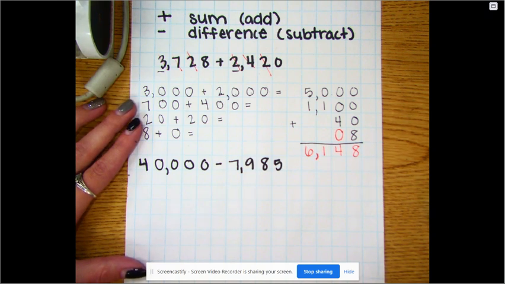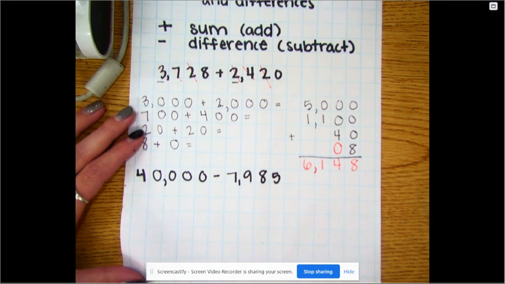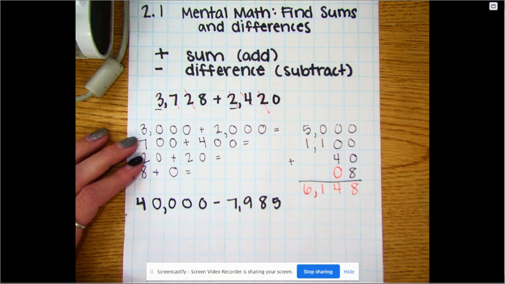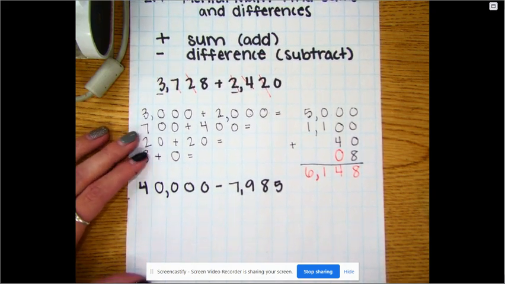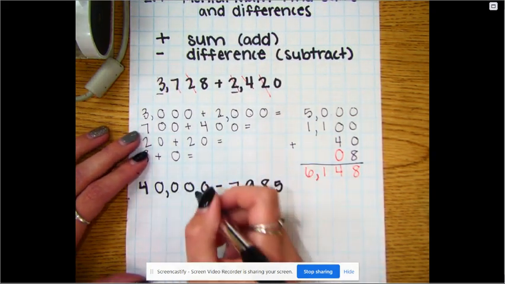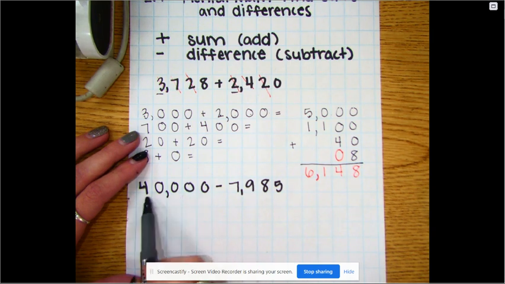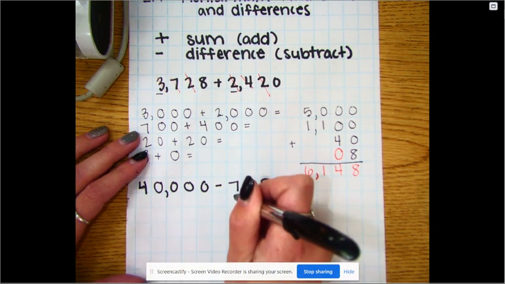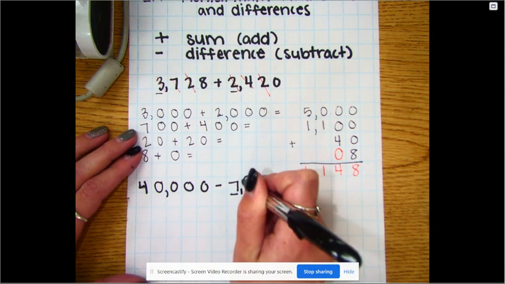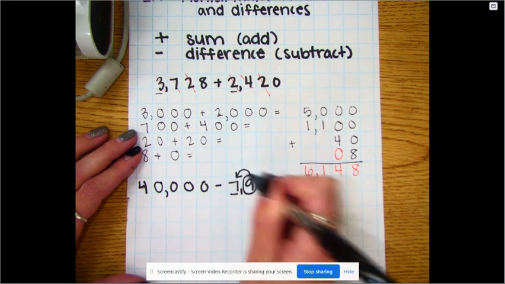So we're going to get close to it. I'm going to use my rounding skills that I learned in my last unit, my last topic. This is already rounded for us. We have nice zeros here. Let's round this.